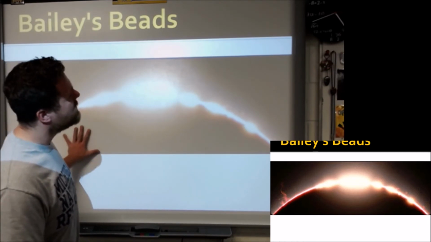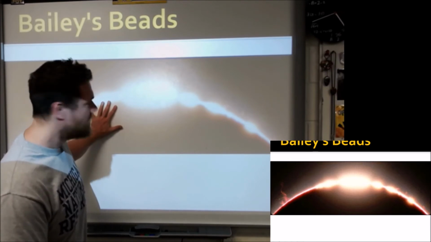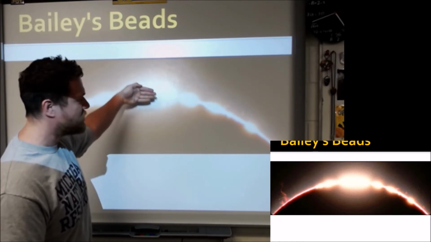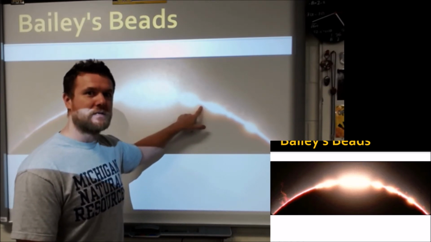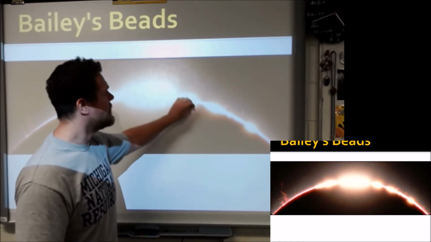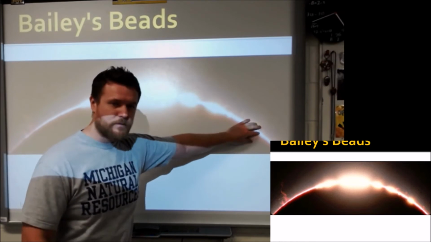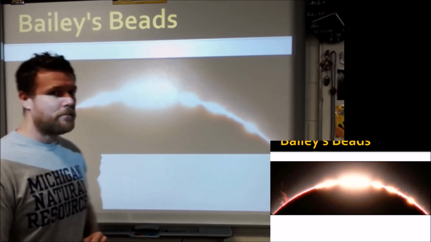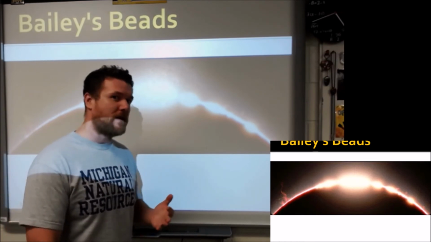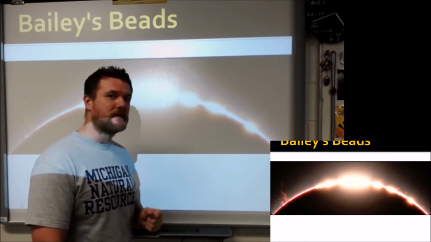And as the moon passes in front of the sun, the sun will shine through those craters and be blocked by the mountains. The sun is so bright that it causes these little beads, almost like the diamond ring effect, to show up. So Bailey's beads are an effect of the moon having mountains and craters.